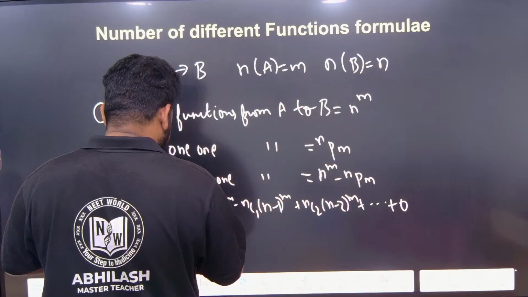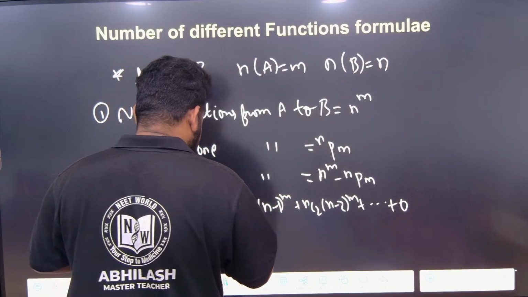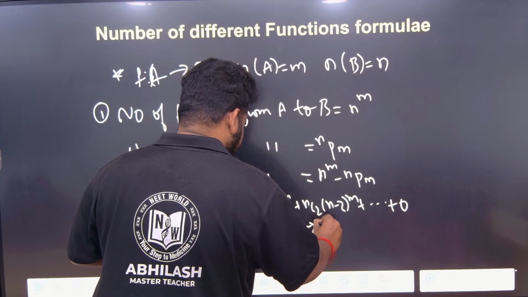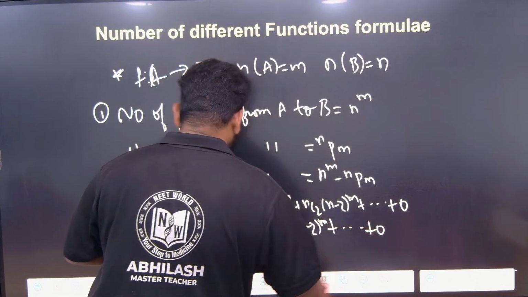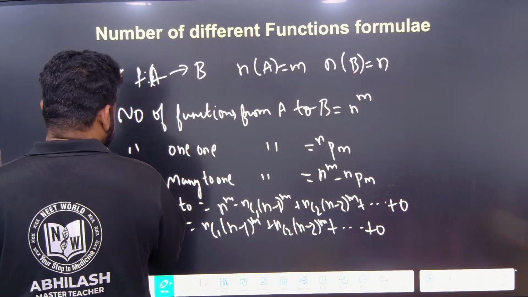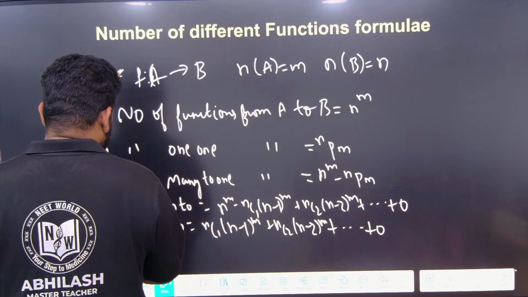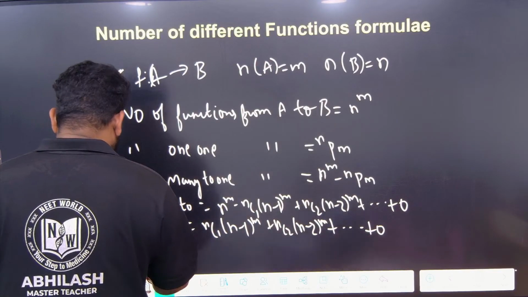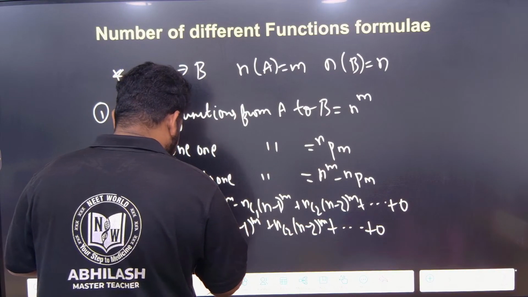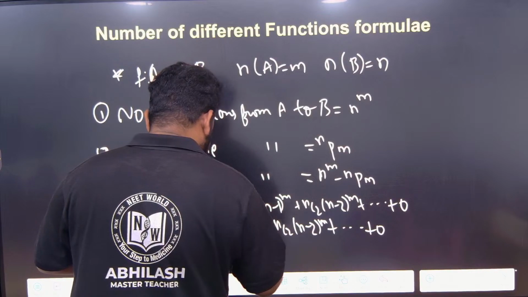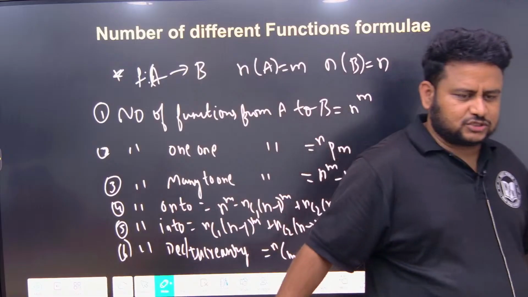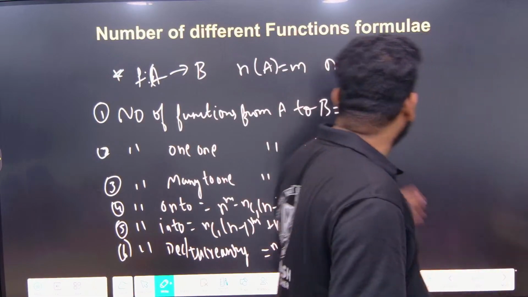So this will become nc1 (n minus 1) to the power of m, nc2 (n minus 2) to the power of m, plus up to 0. Number of increasing or decreasing functions from a to b is given by ncm. Understood?